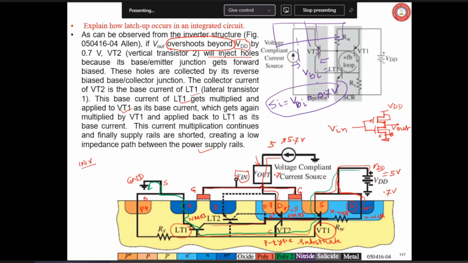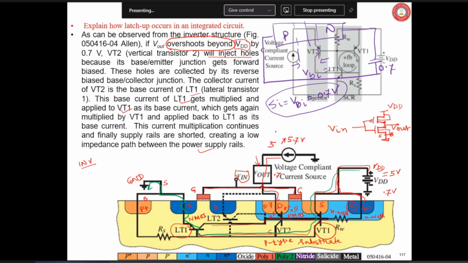When it is forward biased, if you apply bias voltage, how much voltage is required? Sir, 0.7 volt. At least 0.7 volt is needed, then only it will be forward biased, because the junction has 0.7 volt before that. You have to overcome that barrier voltage, okay?